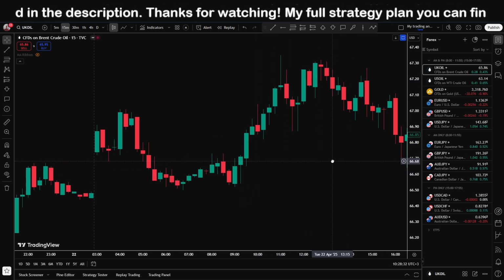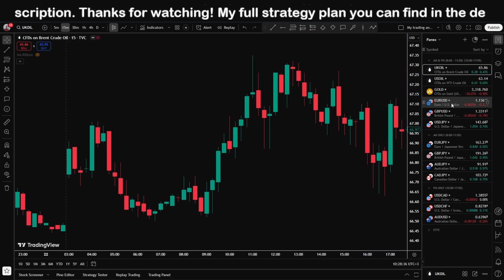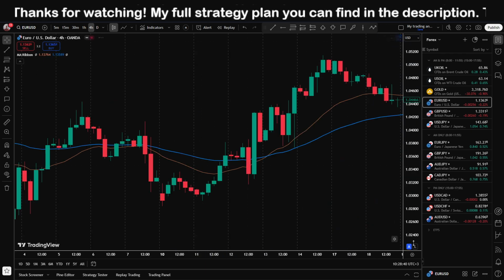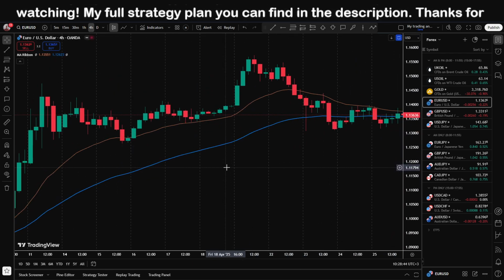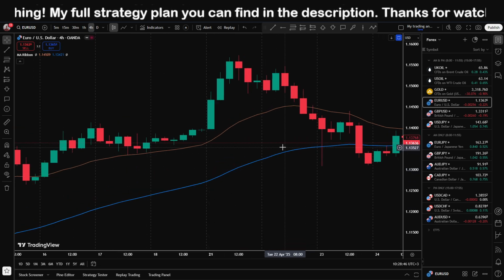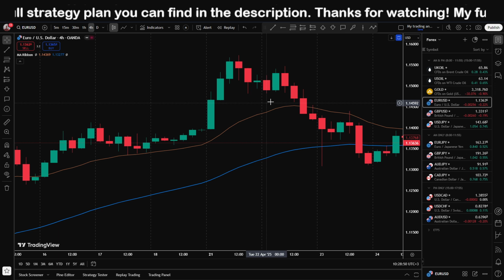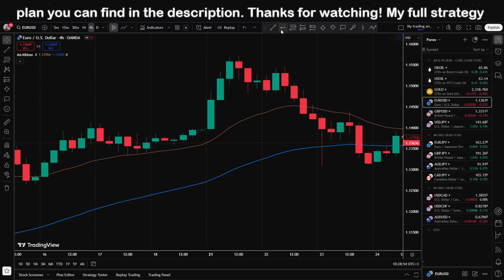Okay, the third trade from Tuesday is from EURUSD. Here I'm looking at the 4-hour time frame. Tuesday, this bar here, a bullish trend, bullish 4-hour bar.